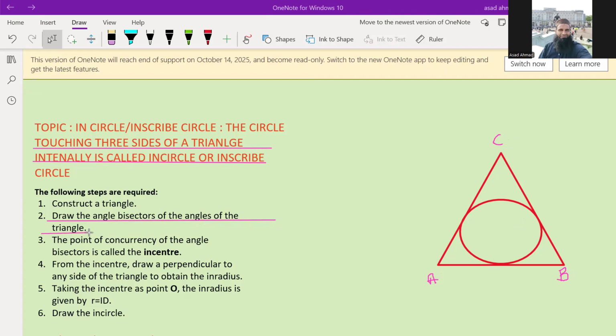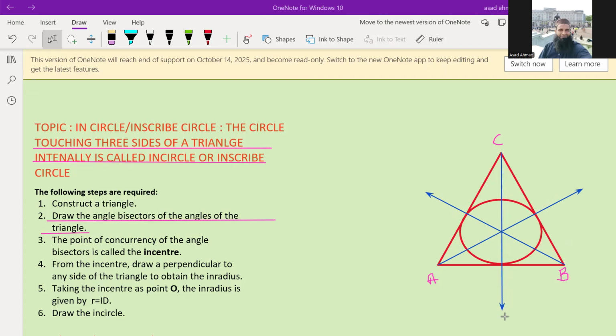All angle bisectors will be drawn as in the earlier part of the video. Angle bisectors will be drawn. If I quickly reconstruct them for you, this one was the angle bisector for A, this was the angle bisector for B, and this was the angle bisector for C.